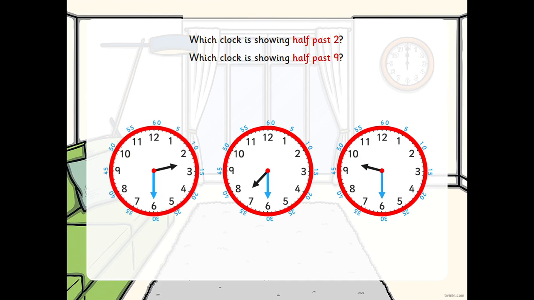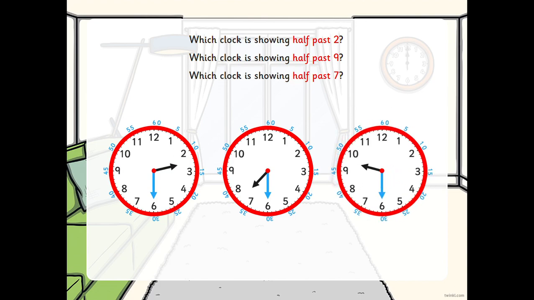Okay, which clock is showing half past 9? It is this clock showing half past 9. The big hand is on the 6, showing that it is half past, and this smaller hand is in between 9 and 10, so that means it is half past 9.